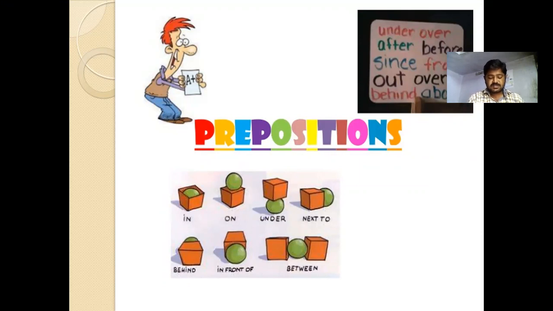Noun is a word which is used for the names of persons, places, or things. Adjective is a word which qualifies a noun.